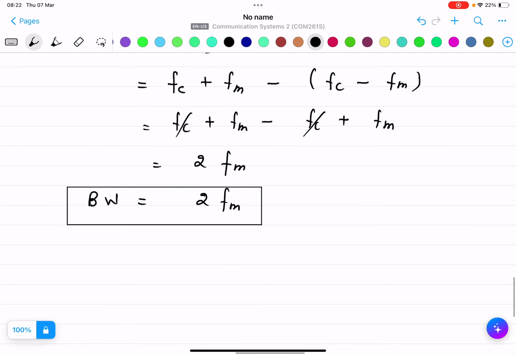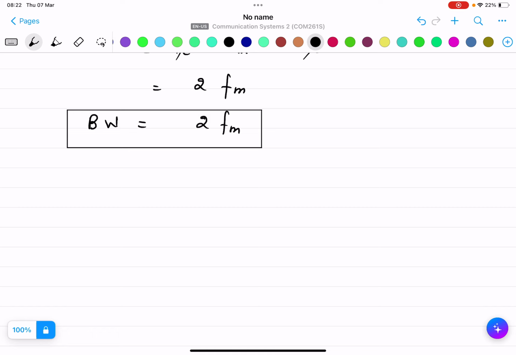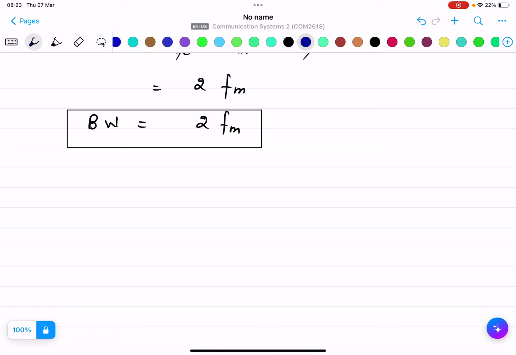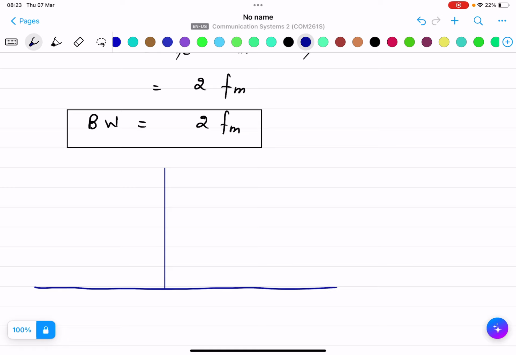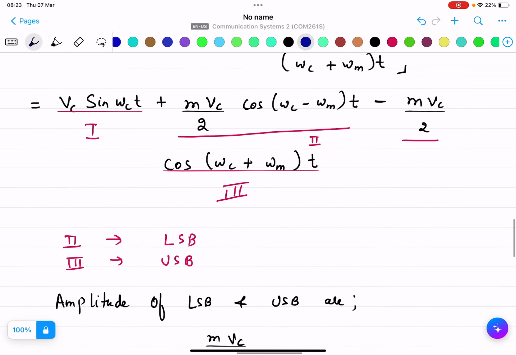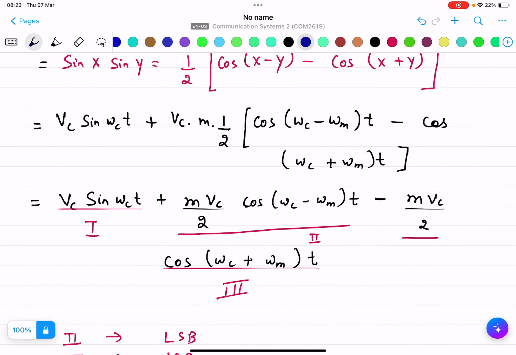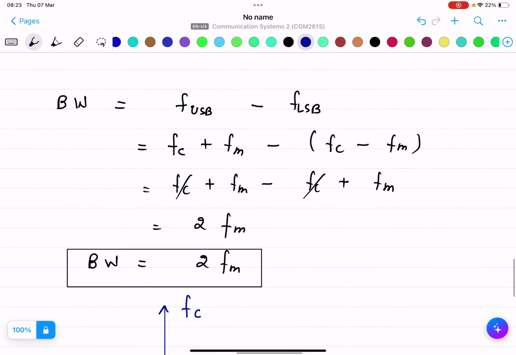We have discussed the frequency spectrum in the previous lecture, so we can easily draw the frequency spectrum here. This is my carrier frequency Fc, and this is my USB, and this is my LSB. For USB it is omega c plus omega m, for LSB it is omega c minus omega m.